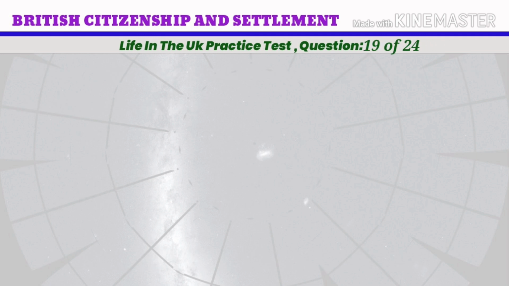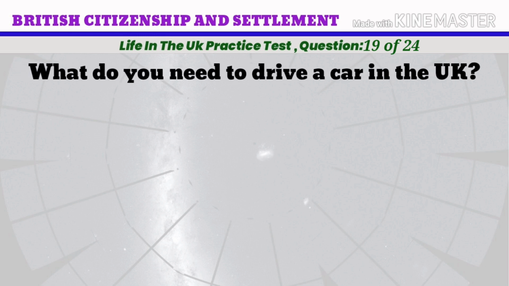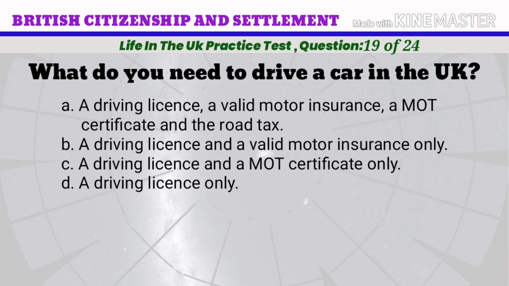Life in the UK practice test question 19 of 24. What do you need to drive a car in the UK? A. A driving license, a valid motor insurance, a MOT certificate and the road tax. B. A driving license and a valid motor insurance only. C. A driving license and a MOT certificate only.